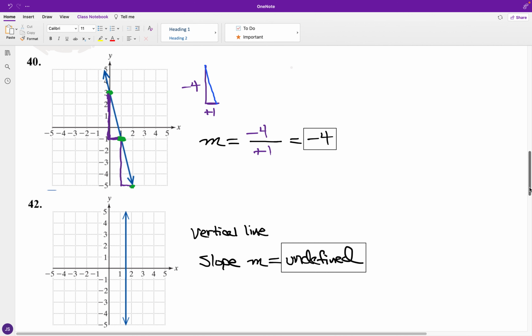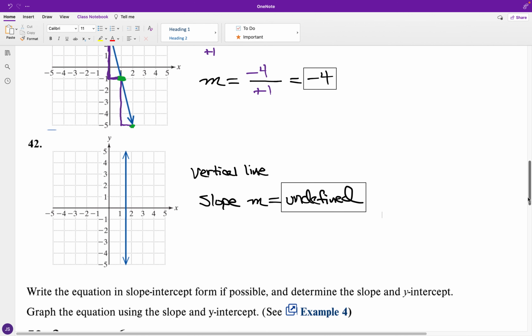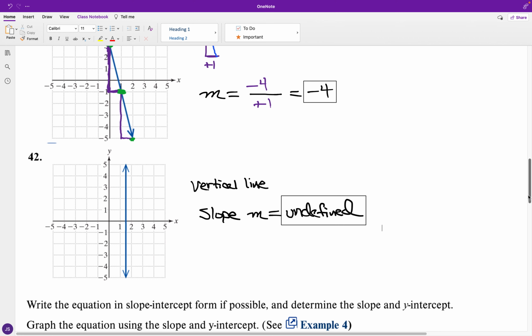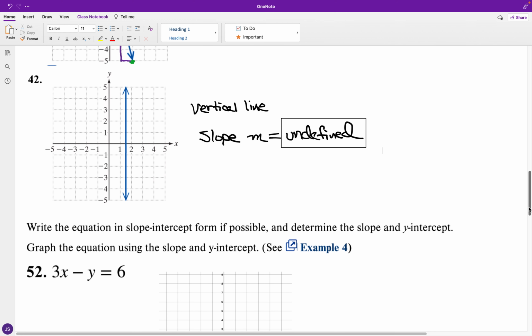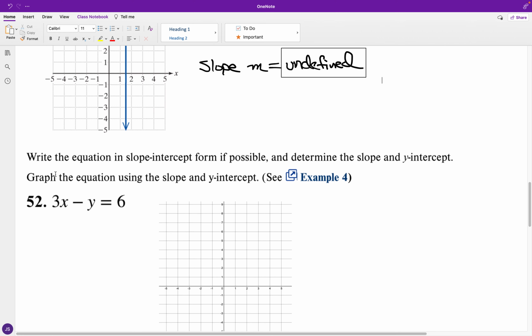Now, looking at the types of equations involving slope, for the next item, it says to express the given equation in slope-intercept form if possible, and then determine the slope and the y-intercept, and then graph the equation using the slope and y-intercept.